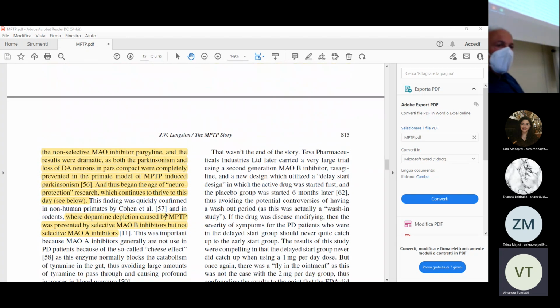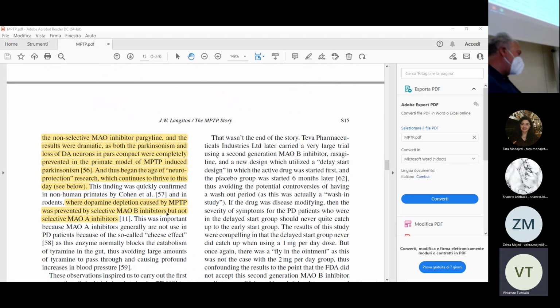And then they started also to identify a therapy against Parkinson's disease. In particular, they thought that by blocking MAO-B, it was possible to have a therapy against Parkinson's disease.